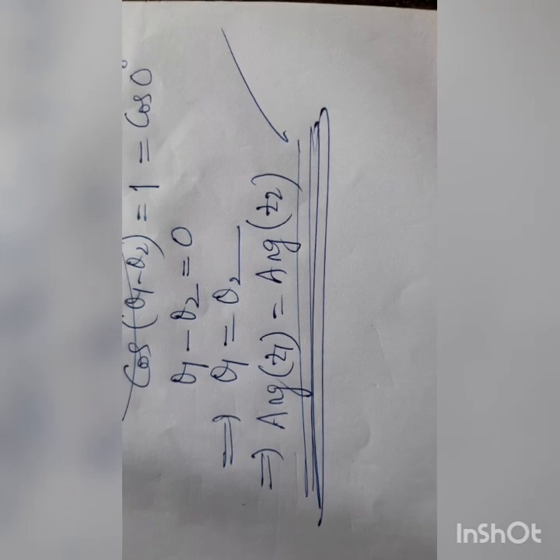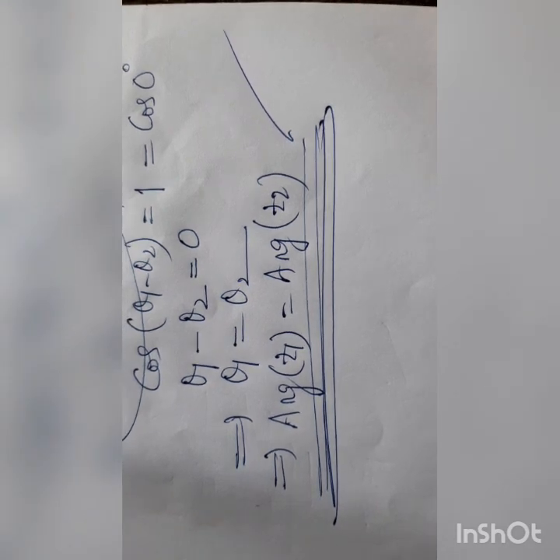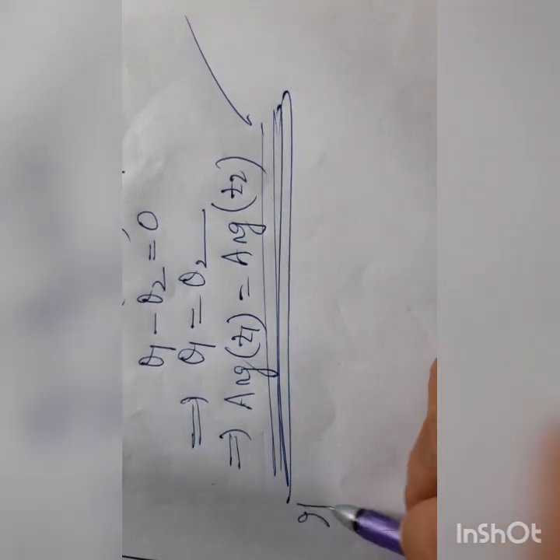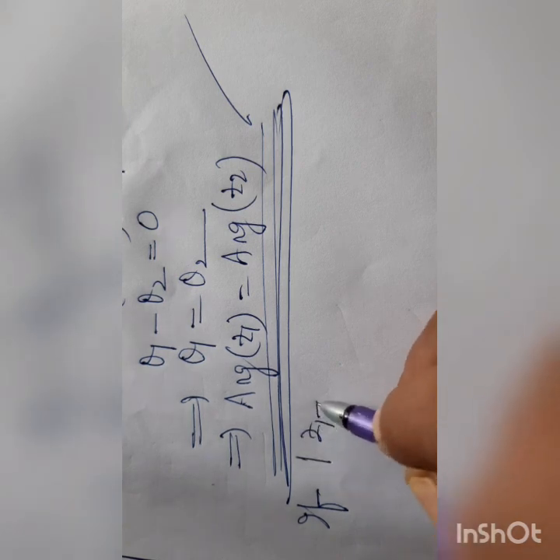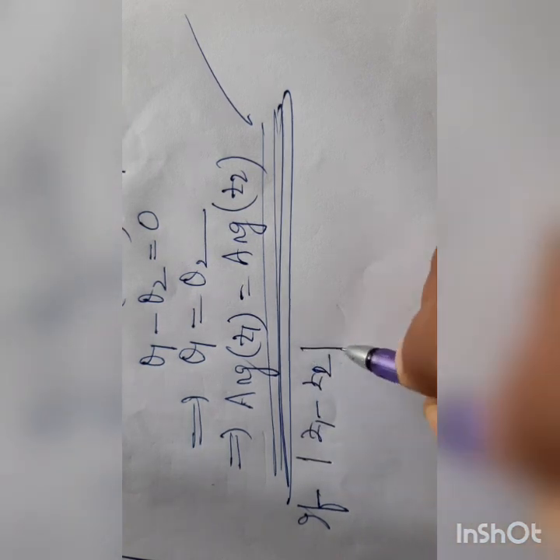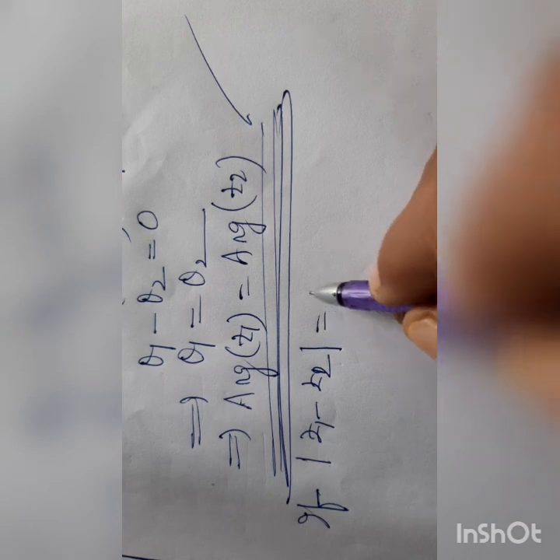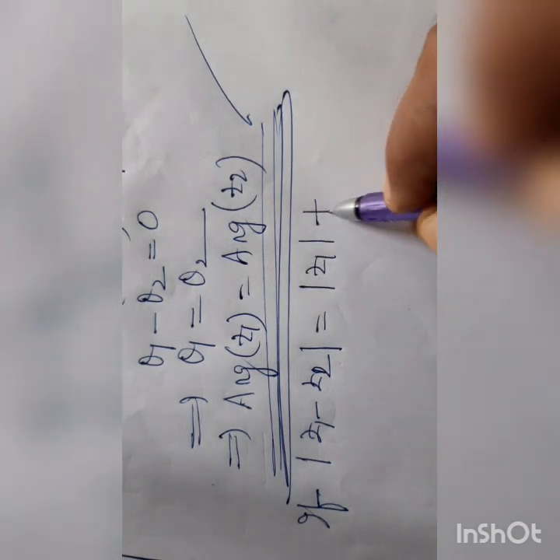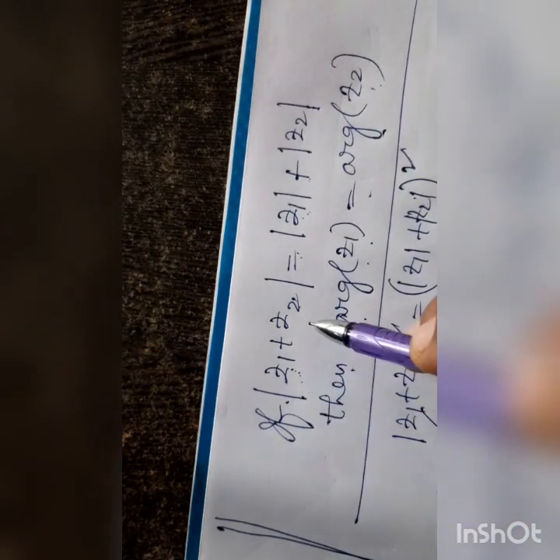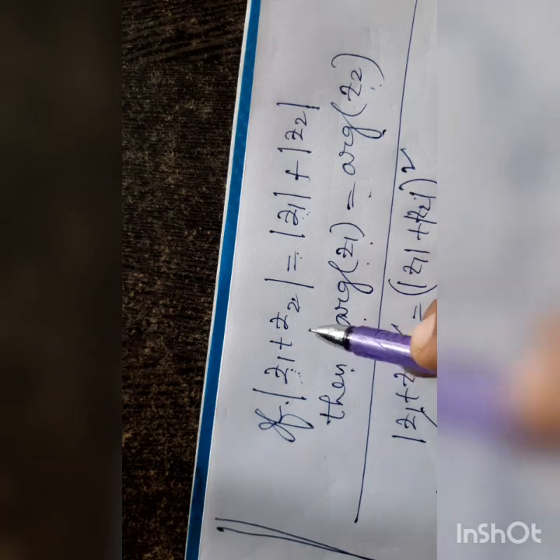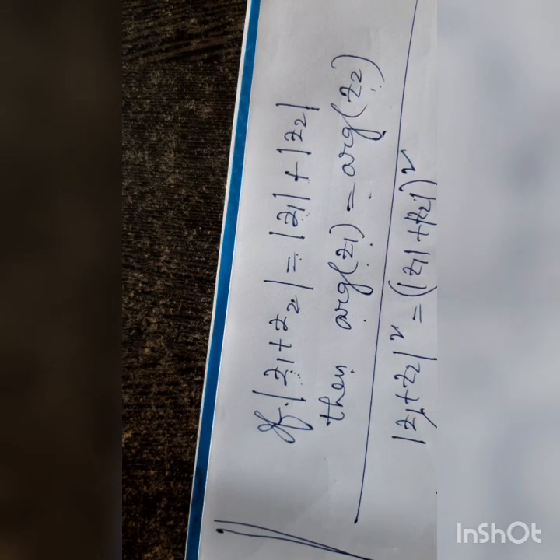Similarly, another one is also there. What is another one? If modulus Z1 minus Z2 equals modulus Z1 plus modulus Z2, what is the difference? This is modulus Z1 plus Z2 equals modulus Z1 plus modulus Z2.